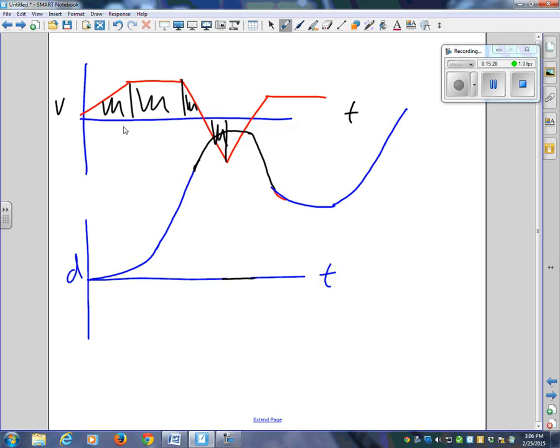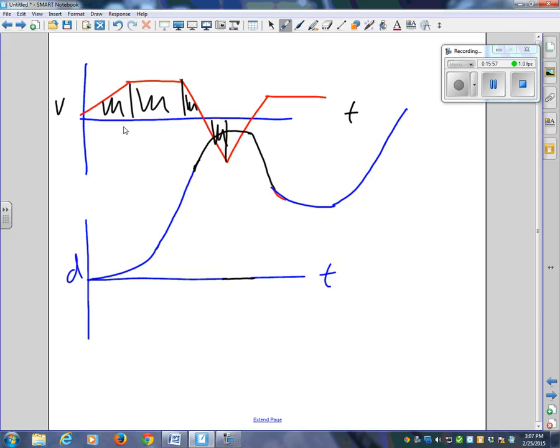Allow me to demonstrate just by walking here. Here I am in the middle of the room. I'll go this way, because I got more room. Jason, can you just pull that chair out of the way? Okay, so I'm here at the origin, this chair. I'm going to go forward, speed up, then maintain a constant speed, and then slow down to 0.